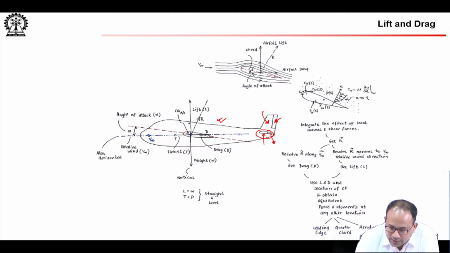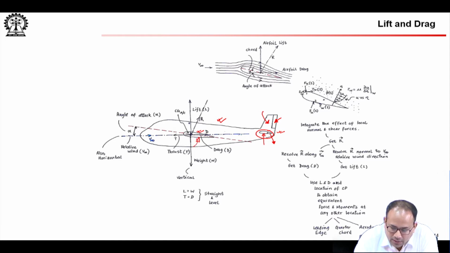Although you can see that the horizontal tail also has the shape of what we have on the main wing, and the horizontal tail will also produce some lift force. The primary lifting force that keeps the aircraft afloat, helps the aircraft fight gravity or do the maneuvers, really comes from the main wing.